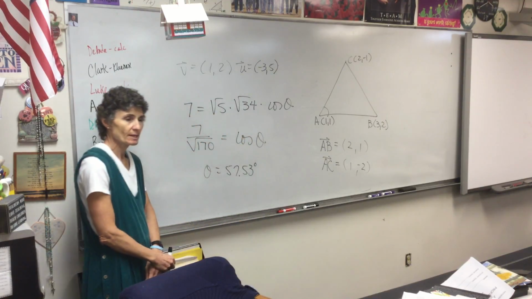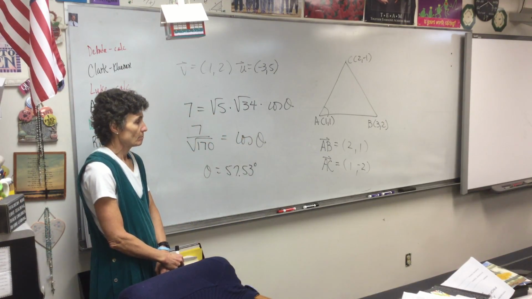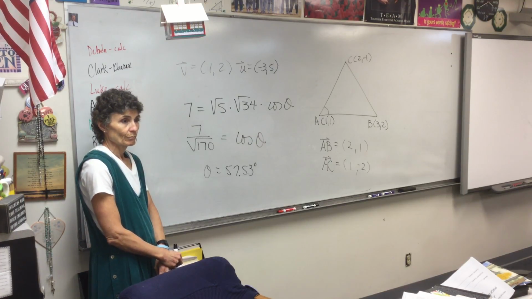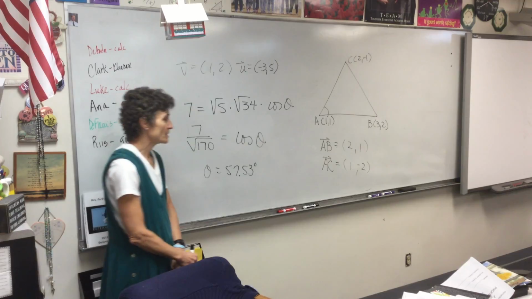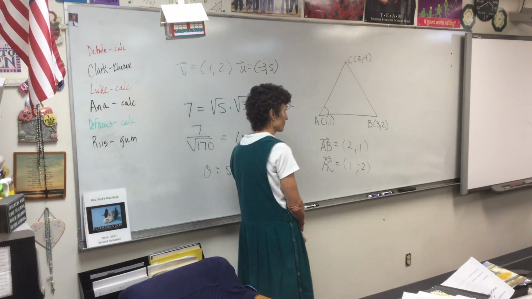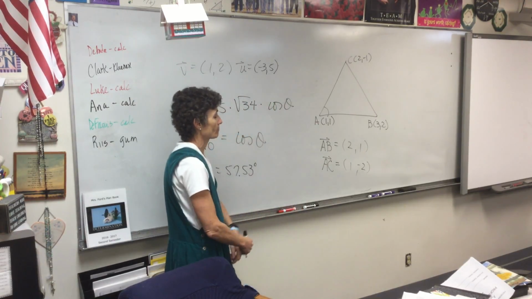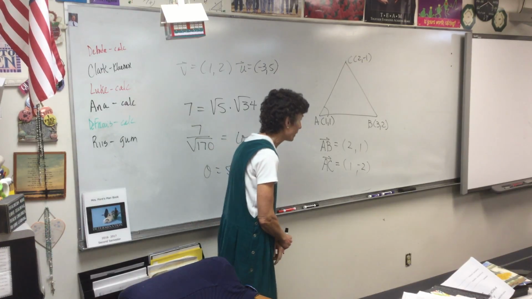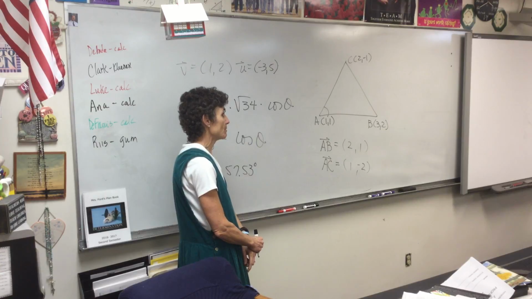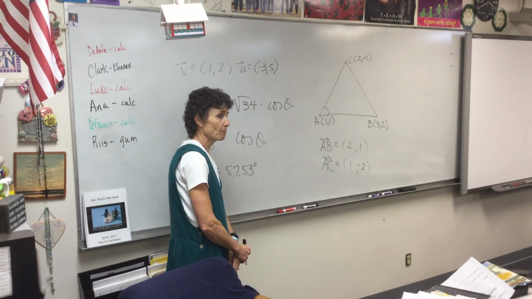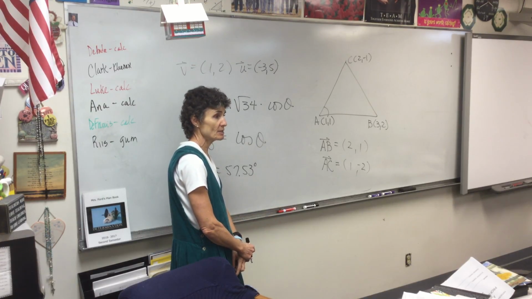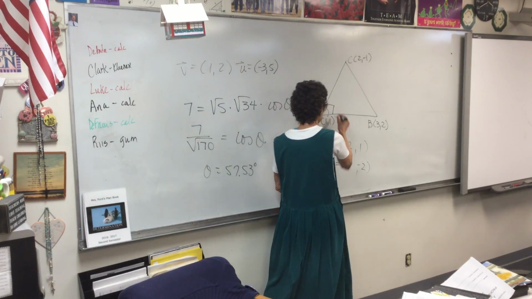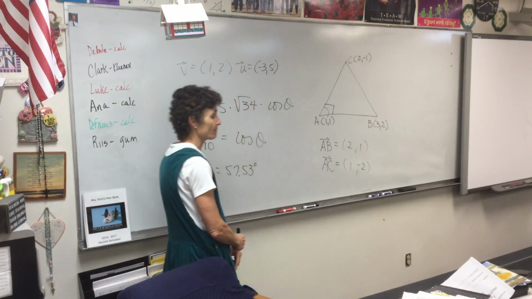Well, that's interesting. How do I find the angle between these two vectors? Dot product. What's the dot product? 0. Stop right there. If the dot product is 0, what do I know about these two vectors? They're perpendicular. The angle between them is 90 degrees.